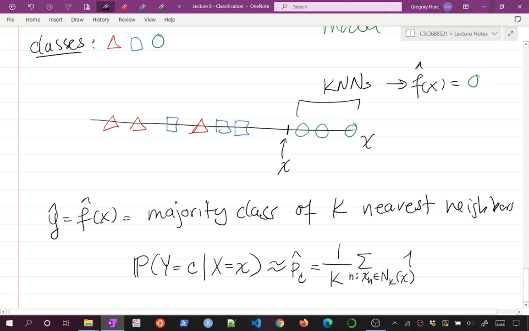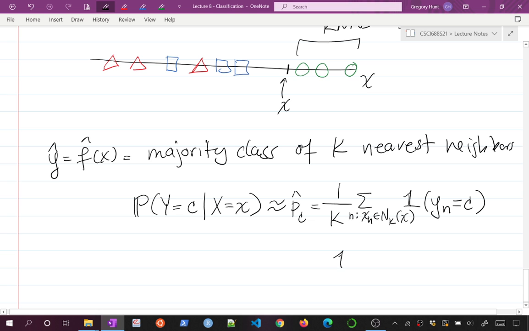And what do we sum? Before, in k-NN regression, we would just use the y's, and this would be the average. Now we're going to look at the indicator that y_n is equal to class c. The indicator function just produces 0 or 1: 1 if y_n is class c, and 0 if y_n is not class c.